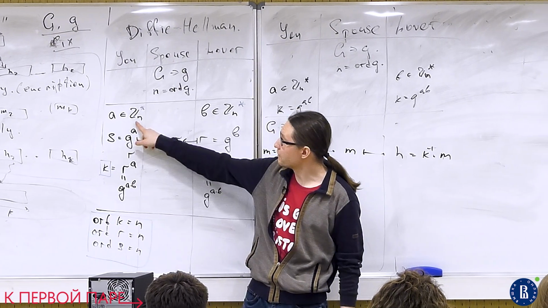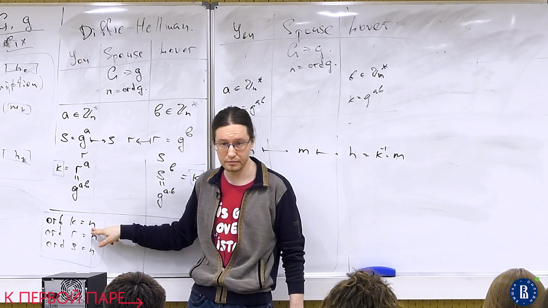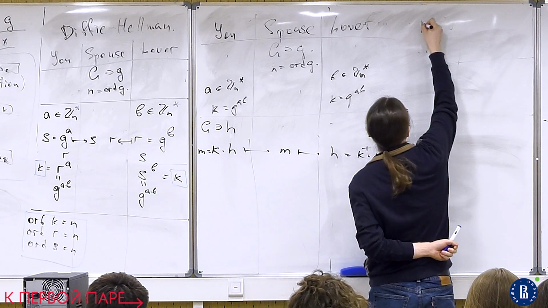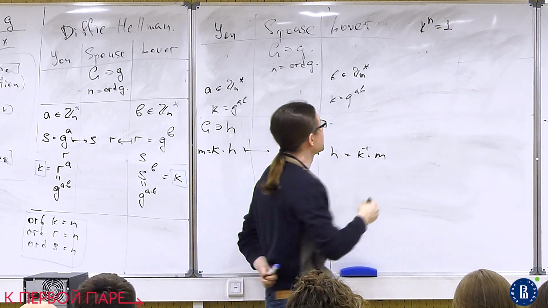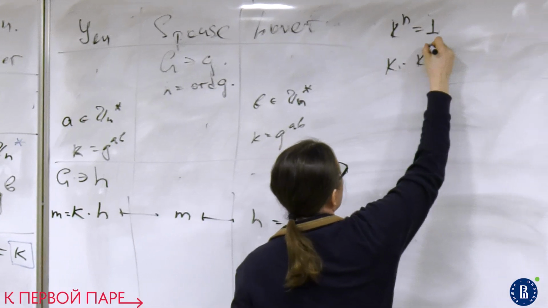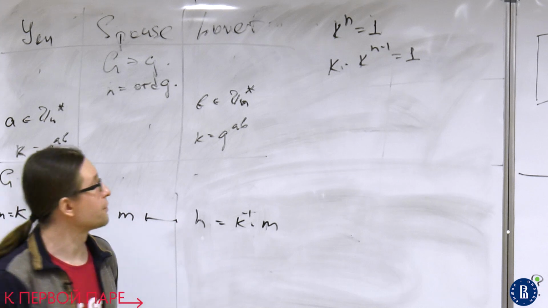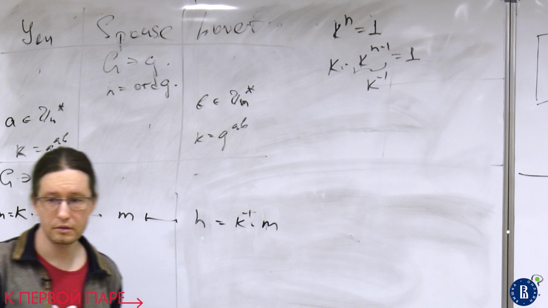In general, the order of K divides n, so K to the power of n is always 1. In particular, K times K to the n minus 1 is equal to 1. So that's why this element is K inverse.